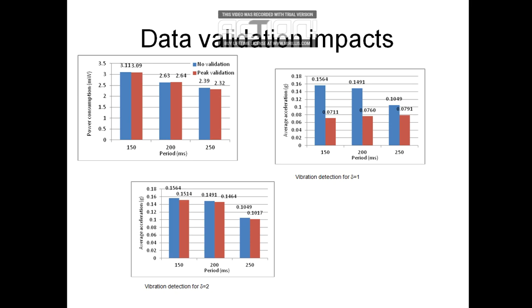However, the impact to the detection is minor, because even though the number of transmissions is reduced and the power consumption is also reduced, the average amplitude for the detected vibration also decreased.